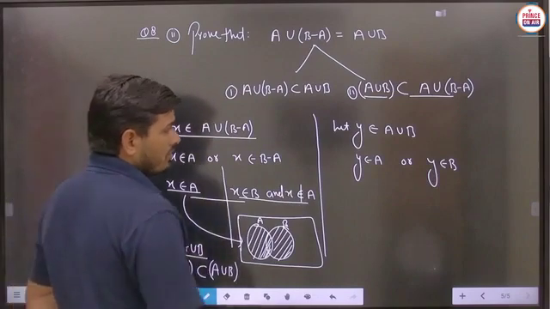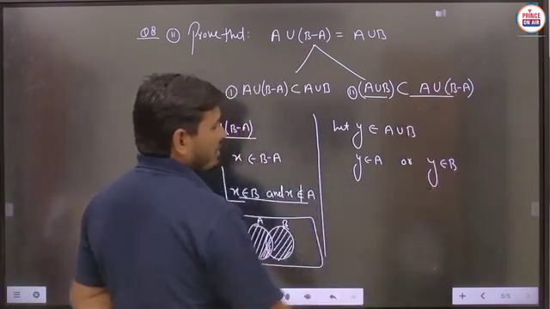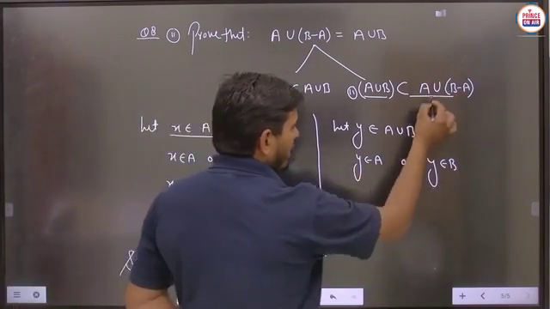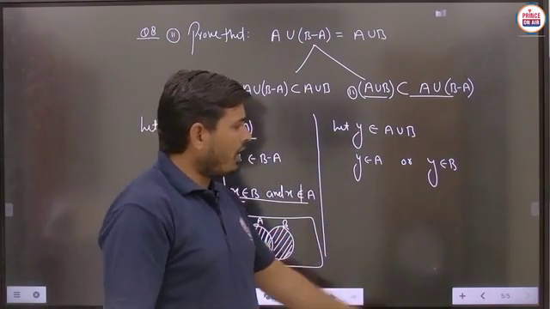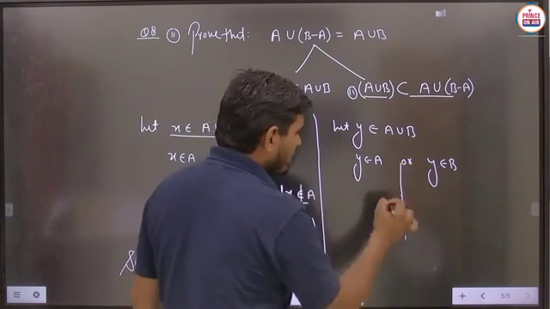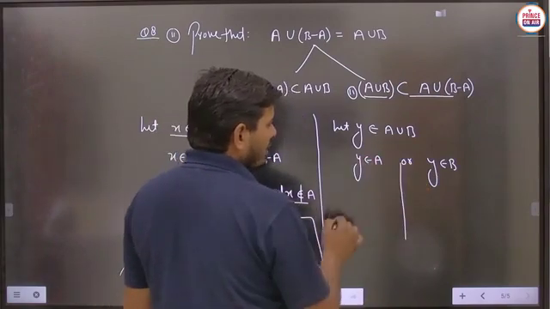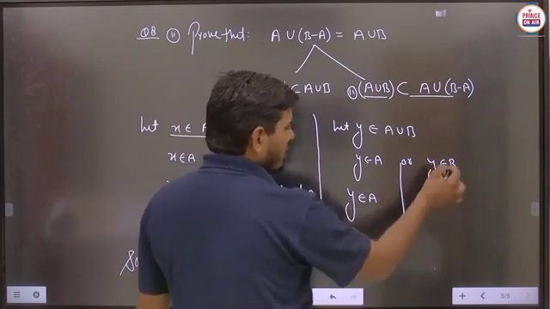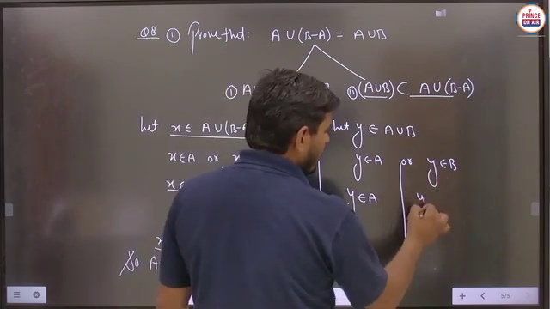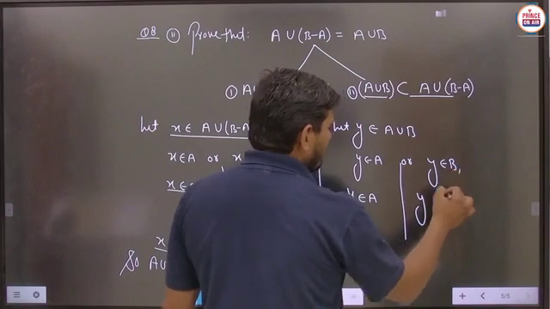Now, the student thing that should be given in the right hand side. So if Y belongs to A and Y belongs to B, then definitely, if we simplify this thing, Y belongs to A set, so you can say that Y belongs to A set, and here this particular Y says that Y does not belong to B.